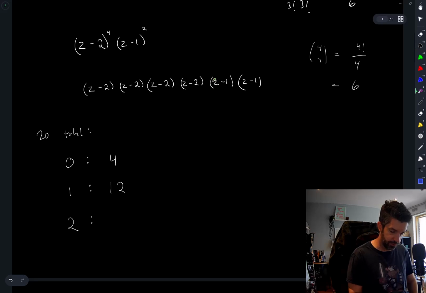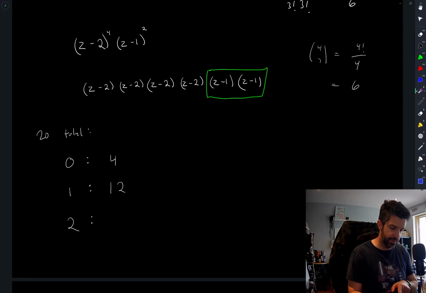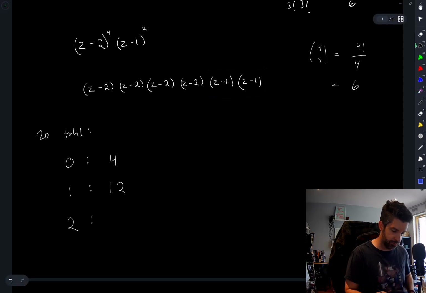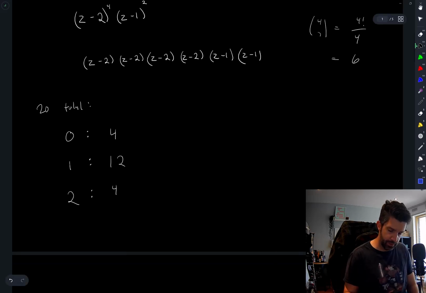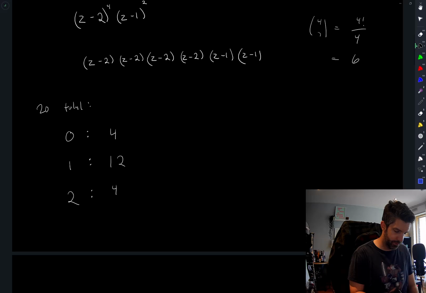Let's confirm. If we choose both of them, then for the third one there are 4 choices for the last one, so that's 4. That does add up to 20. So if we have none of them, the product is -8.